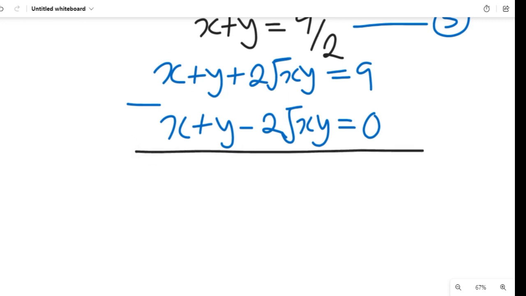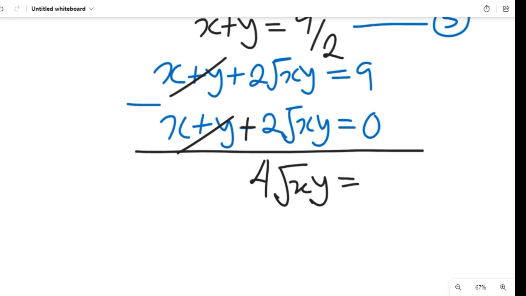The x plus y will give us 0, and plus 2 root xy minus minus 2 root xy will become plus, and this will become 4 root xy, and this will be equal to 9 minus 0, which gives us 9.